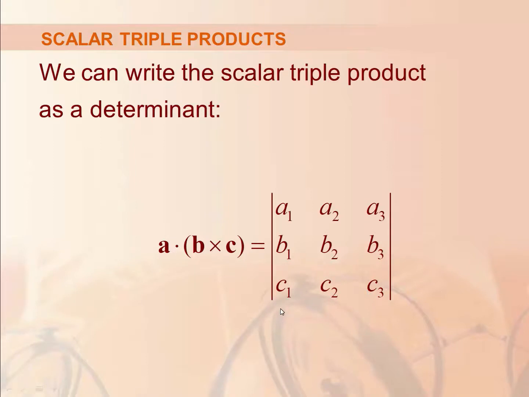How to calculate? You have two ways to calculate. We can do B cross C alone by itself, then we get a vector, and we do A dot this vector.